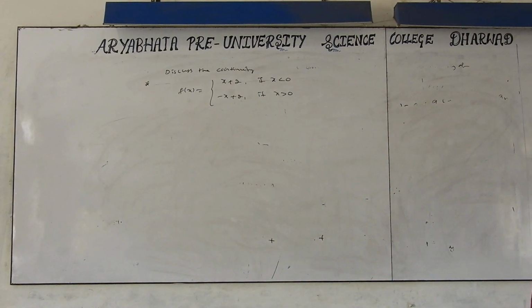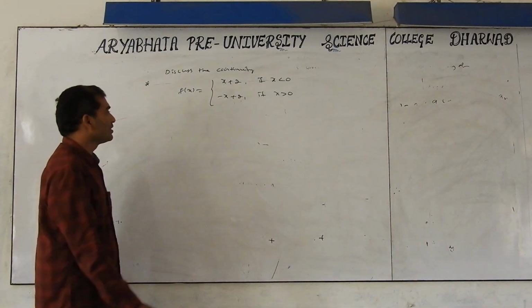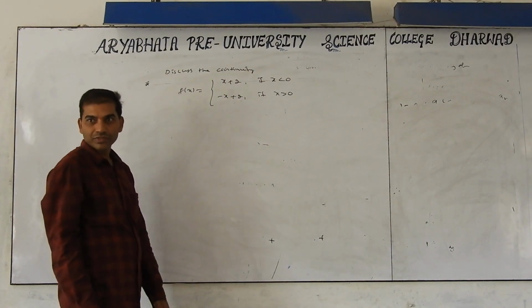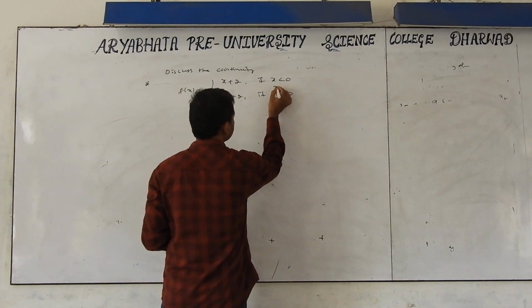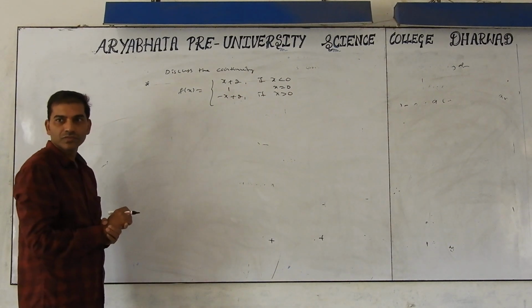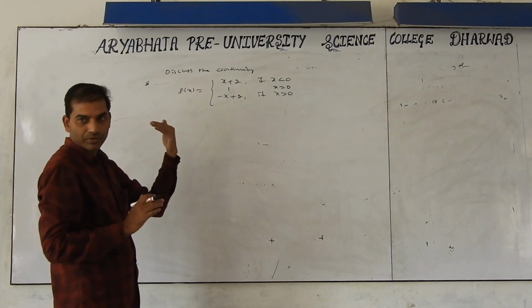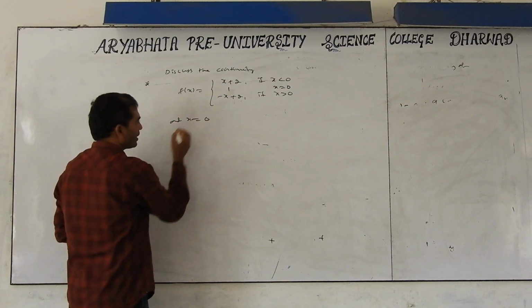At what point is it changing? At 0. 0 is not in the domain of these two pieces, the equal case is not given. For example, x equal to 0 gives 1. So at what point is it changing? At 0. First, at x equal to 0, find the limit.